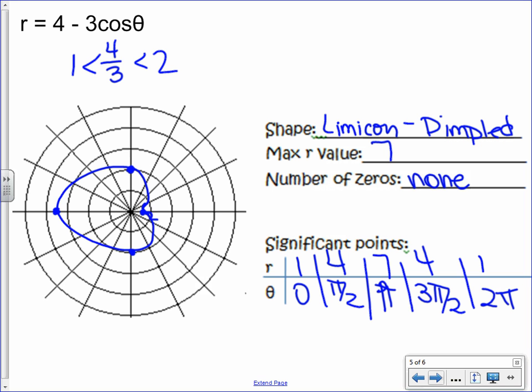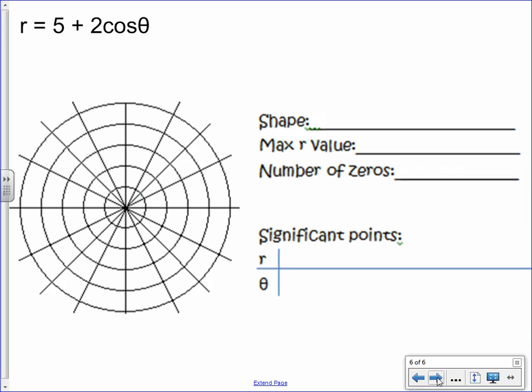Okay. So let's go ahead and look at a convex limacon. How do we know this one is convex? Okay, A over B is 5/2, which is greater than or equal to 2, so we have a convex.